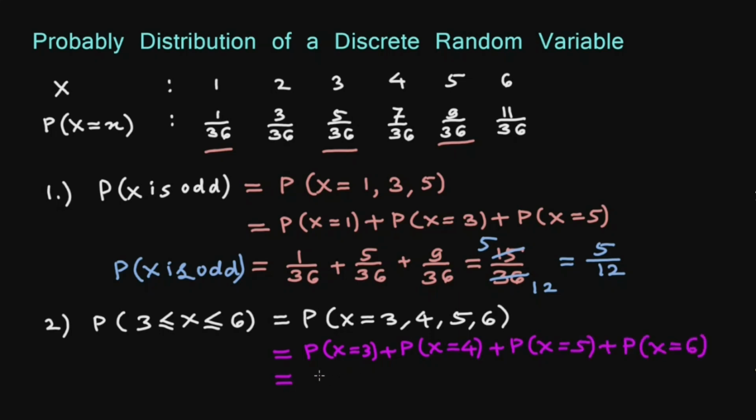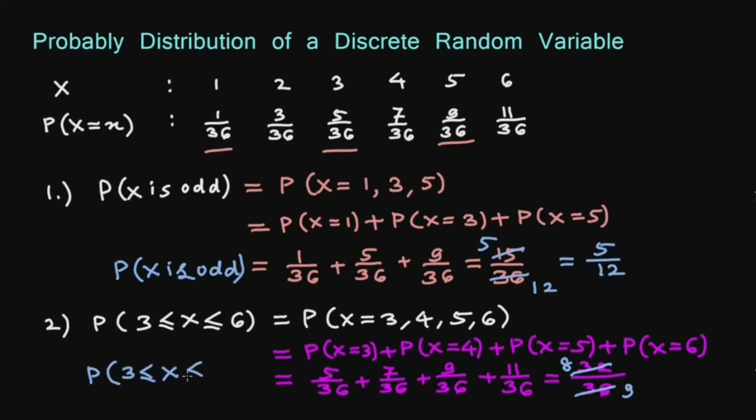That will be 5 by 36 plus 7 by 36 plus 9 by 36 plus 11 by 36. That will be 32 by 36. 4 8s are 32, 4 9s are 36. So probability of x when it is between 3 and 6 is 8 by 9.